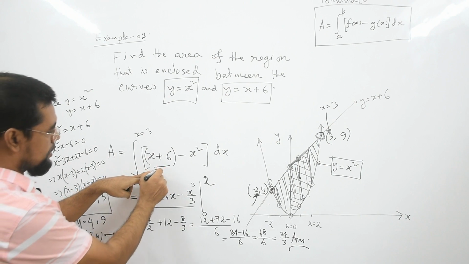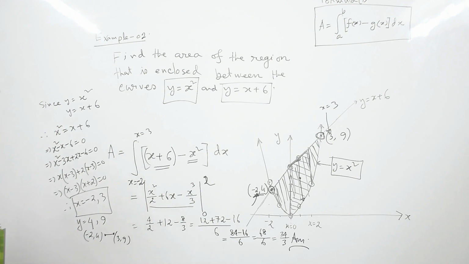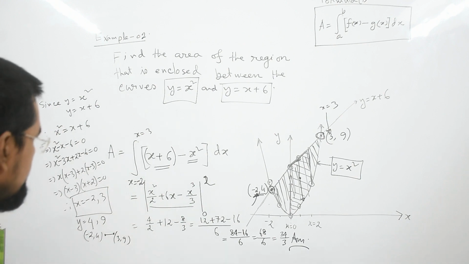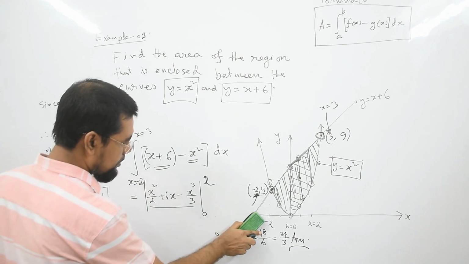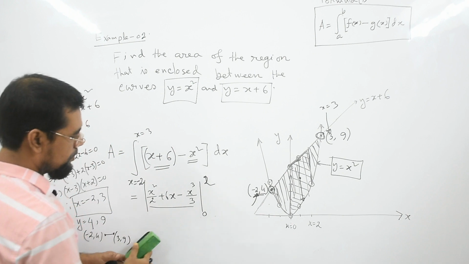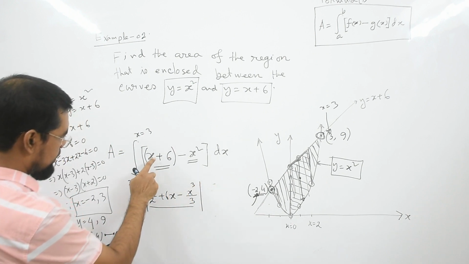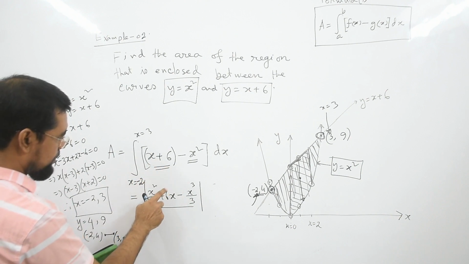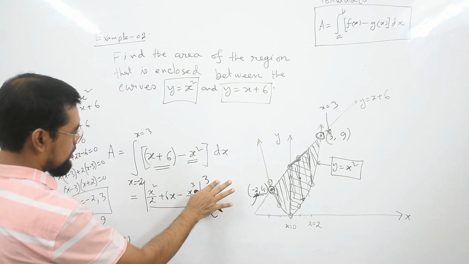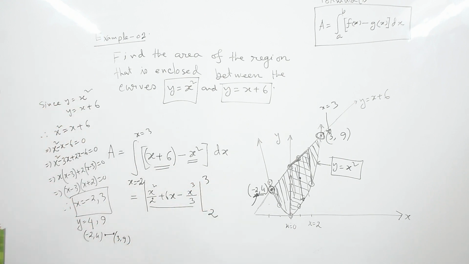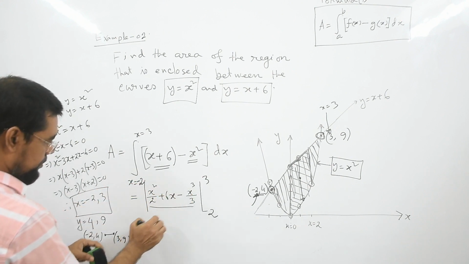You just need to subtract the lower one from the above one. So now, by doing some simple calculation, you can easily evaluate it by yourself. The integration gives x square by 2, plus 6x minus x cube by 3, lower limit minus 2 and upper limit 3. I left this work for you.